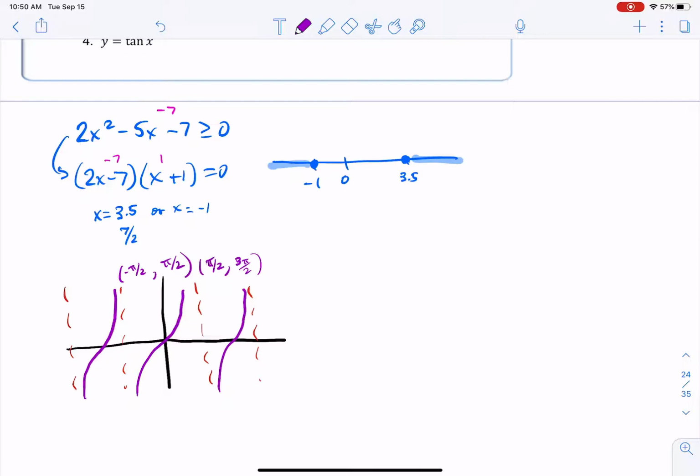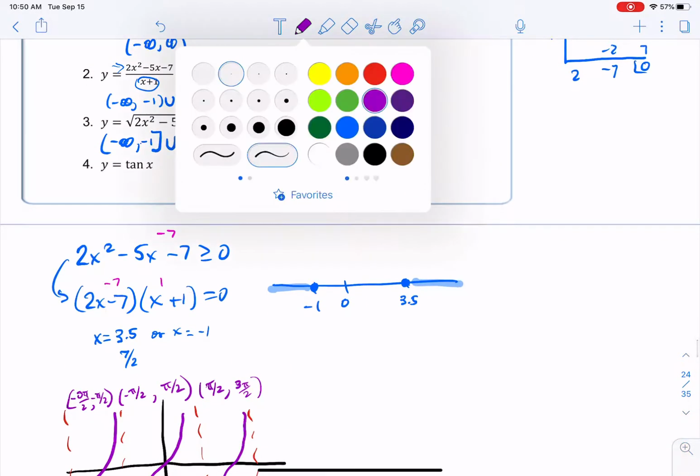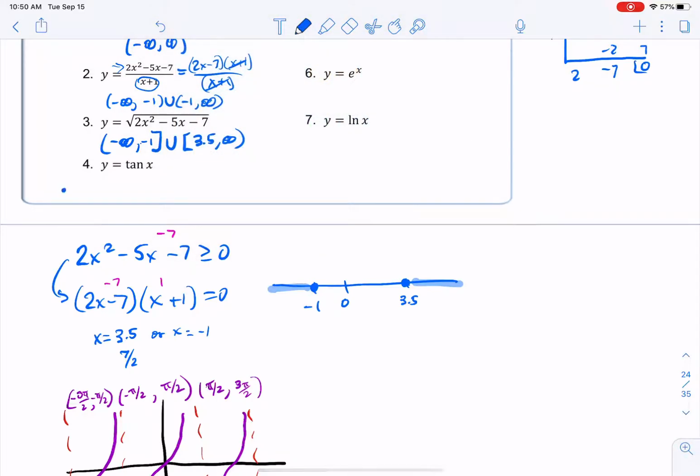And then back over here on the left side, negative pi over 2 is the right side of this. And then the next one would be negative 3 pi over 2. So one of the ways that you could list out where it's continuous is by some sort of pattern.